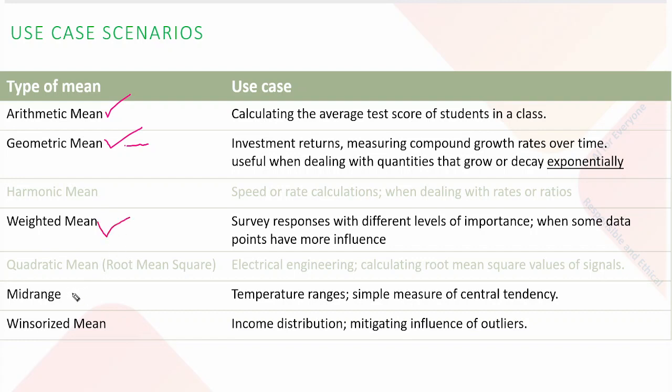Mid-range is kind of a weak mean and not very effective in most situations, but it can be considered in some cases where you think the average of the lowest and the highest can represent the data. Winsorized mean is also useful, especially for data like income distribution. Let's wait for the next slide where I'm going to show you the examples on Winsorized mean.